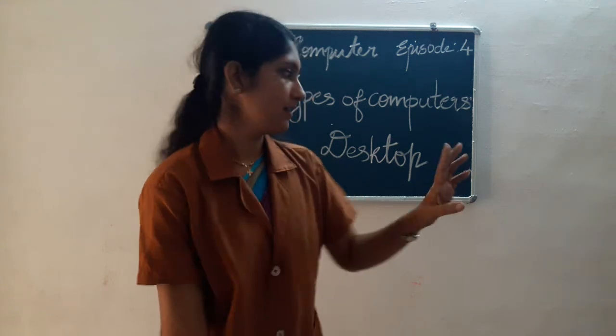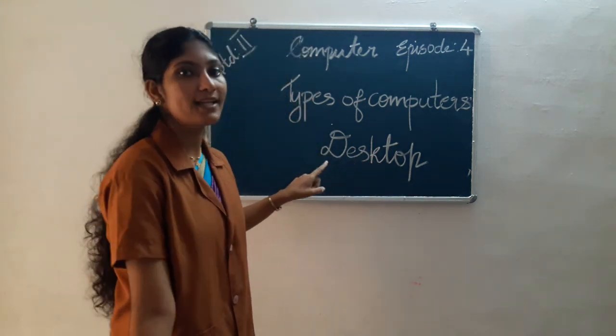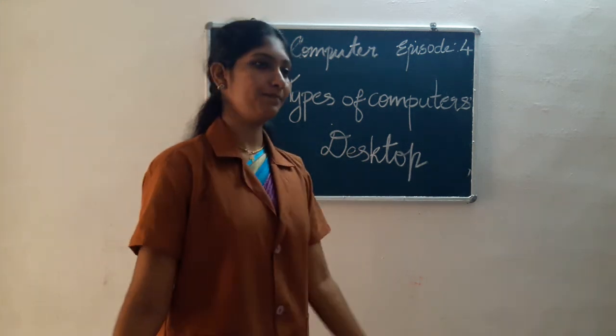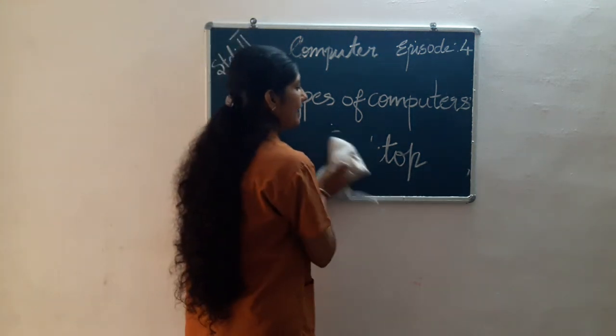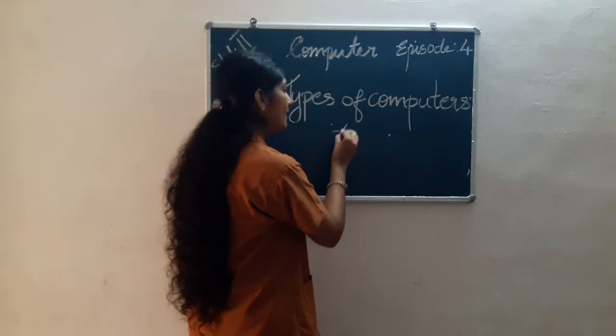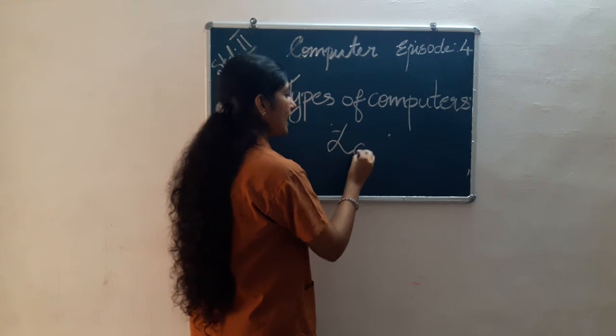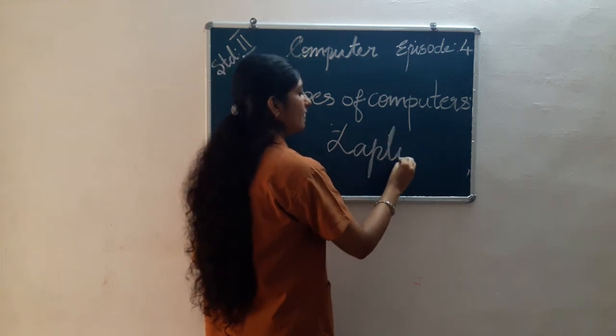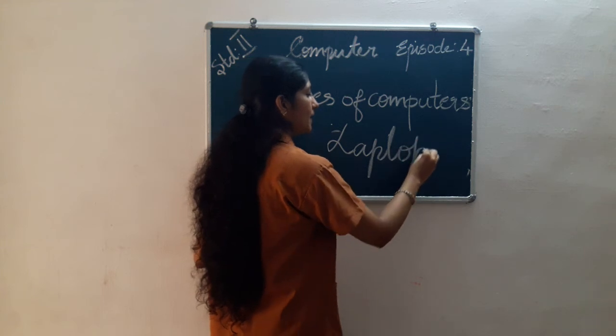Then the second one is laptop. So here, what is the spelling of desktop? D-E-S-K-T-O-P. Next is laptop. L-A-P-T-O-P.